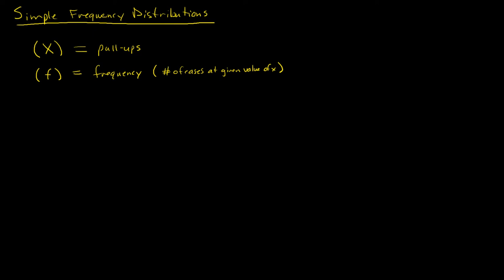All right, let's continue with this PE skills test example, measuring the number of pull-ups of students in a PE course. Instead of 10 scores as we did with the rank order distribution, let's say now we had multiple classes or sections of a PE class, and you measured pull-ups across all of these students and combined them into one large data set.